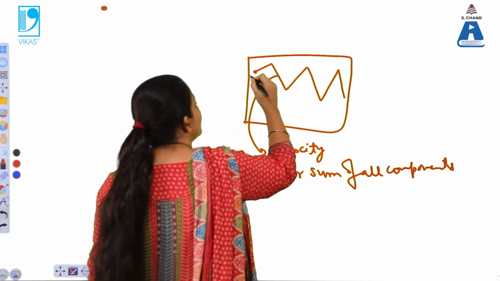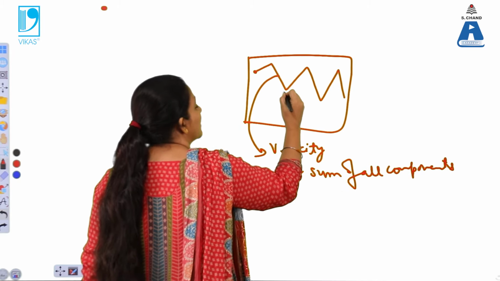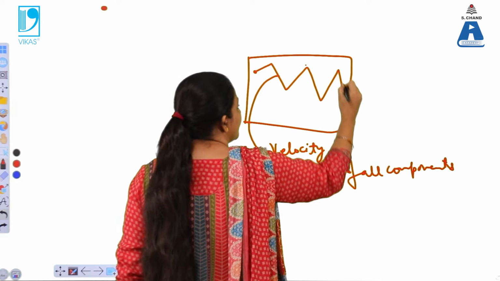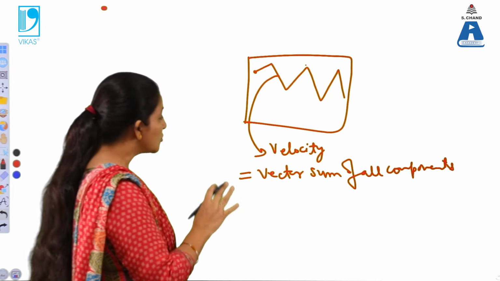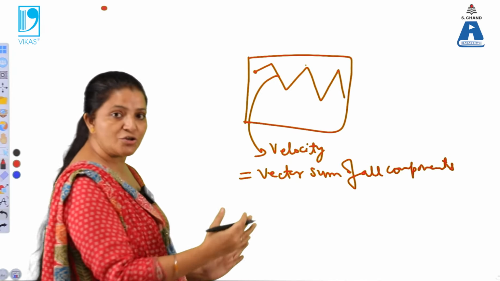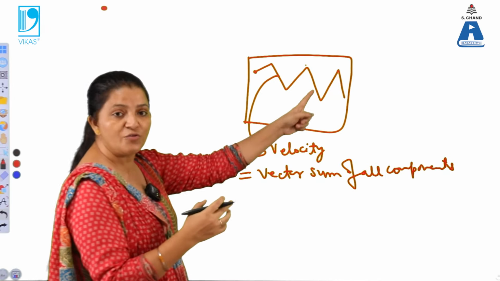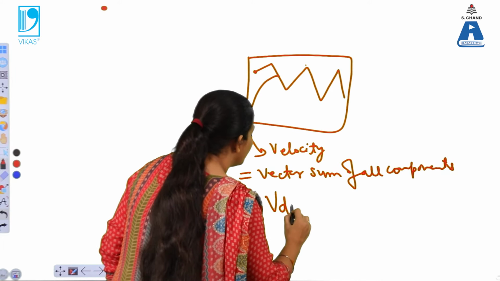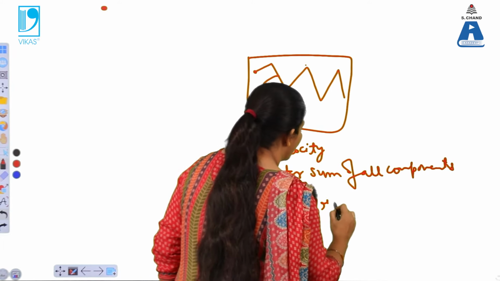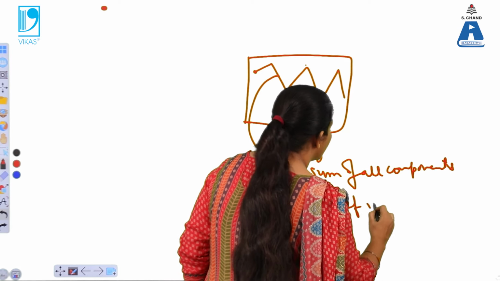If this is taken as positive, then that will be negative, then positive, negative, positive and negative. By taking the vector sum of all the components, the final velocity of the electron moving over here is taken as Vd. This Vd is defined as the drift velocity.